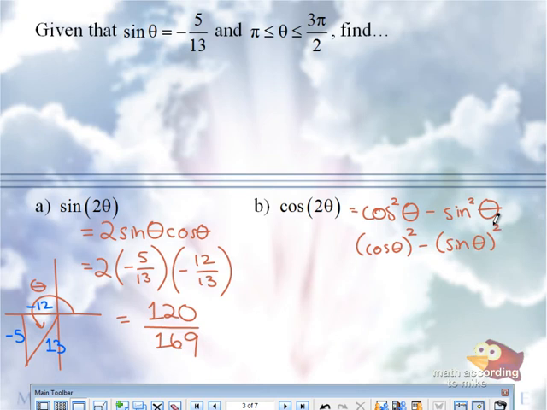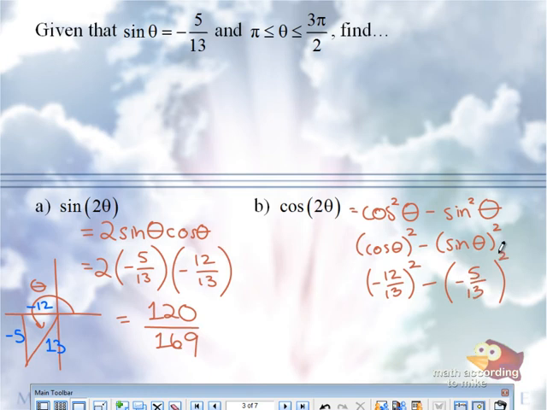What is the cosine of theta? Negative 12/13. Minus, what is the sine of theta? Negative 5/13. That's what we're given. Good.